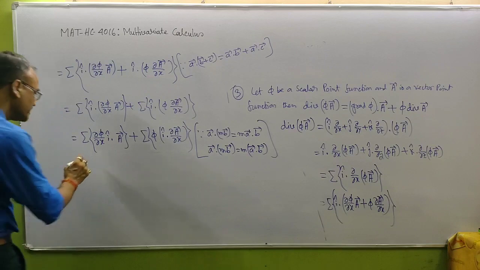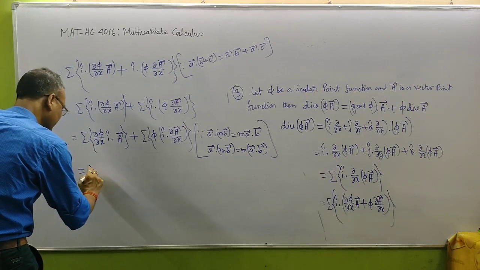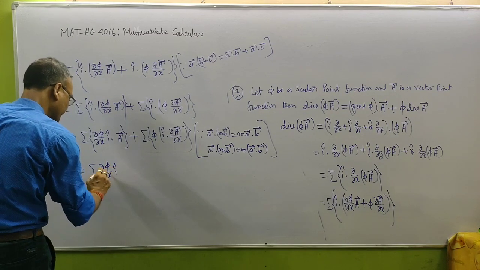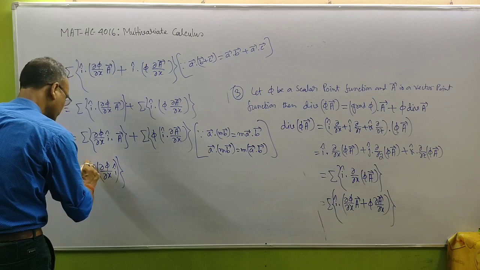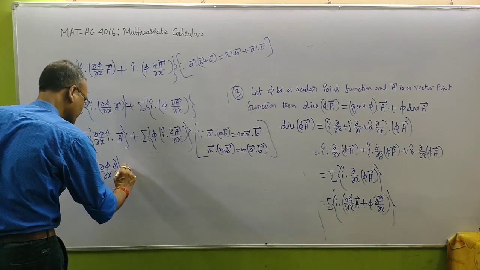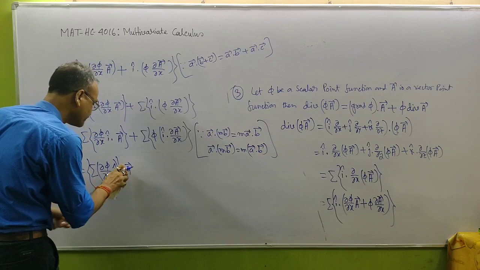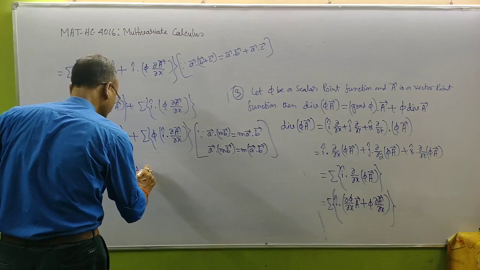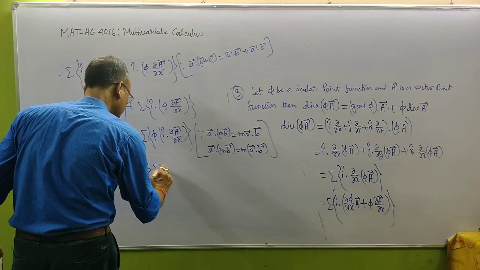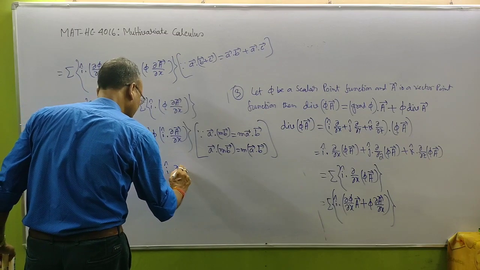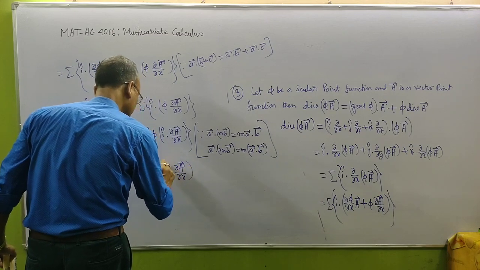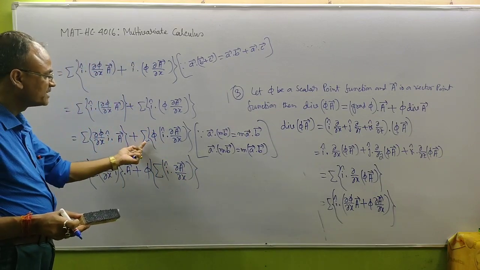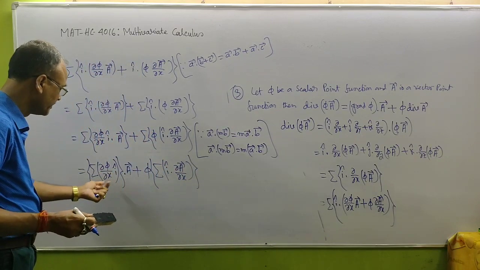This can be written as summation ∂phi/∂x i cap dot A vector, plus phi summation i cap dot ∂A/∂x. Phi is independent of this summation, and A is also independent of this.